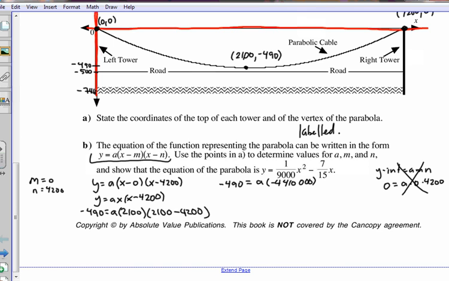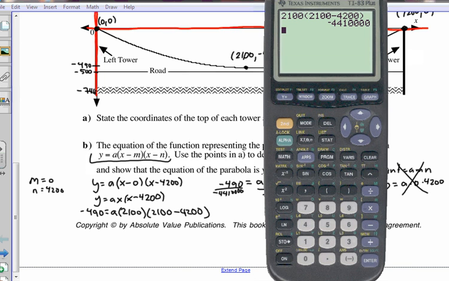Okay, next step is get A by itself. Divide both sides by that number. And we're going to reduce it in our calculator as a fraction. In your calculator, two negatives will be a positive. So negative 4,900 divided by my answer, second, negative, and then just go math, enter, enter.